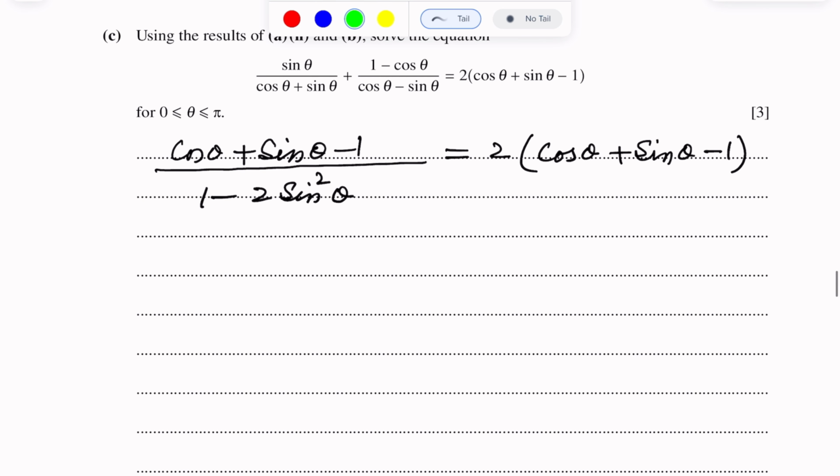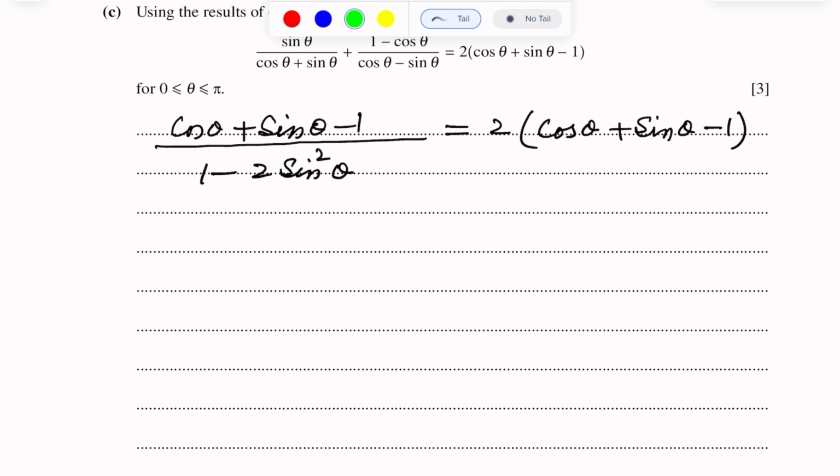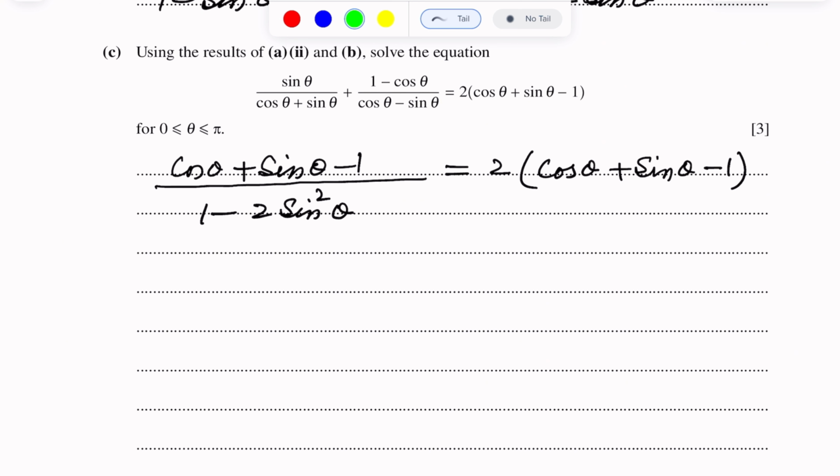So there are two possible ways. First, we can cancel out cos theta plus sin theta minus 1, which is on the left hand side and also on the right hand side. This is the same, so we can cancel it out.